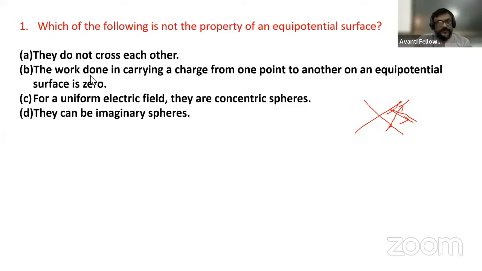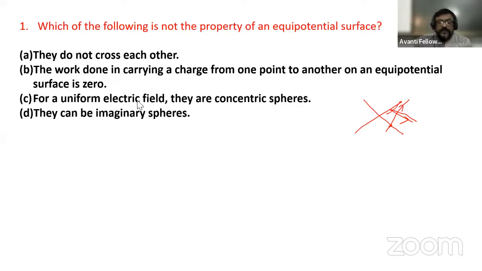It is a property. The second one, the work done in carrying a charge from one point to another on an equipotential surface is 0. Actually, it is a property because all the points will be at the same potential. So if you shift a charge from one point to another on the equipotential surface, no work is needed.